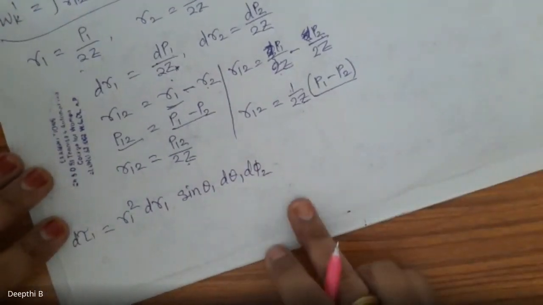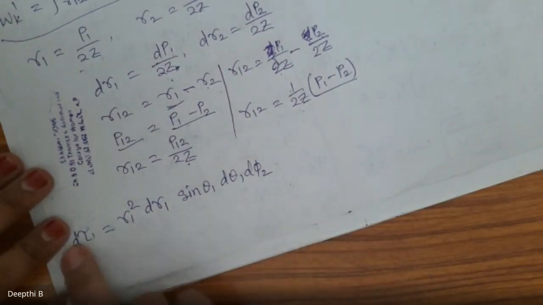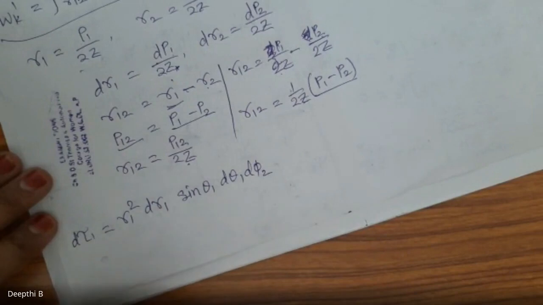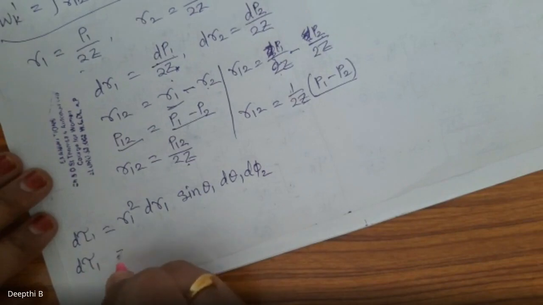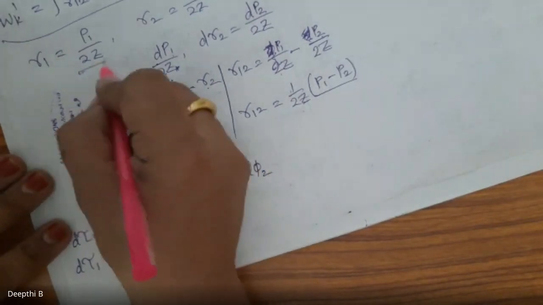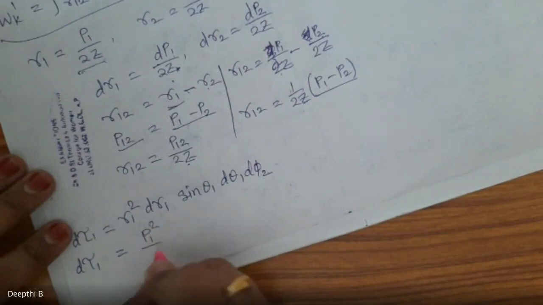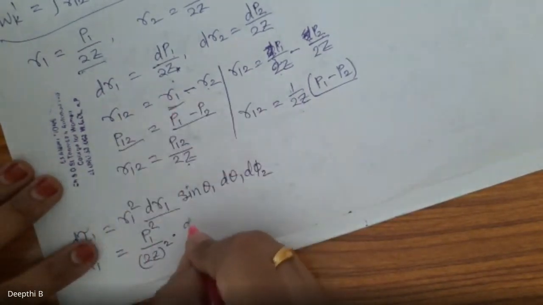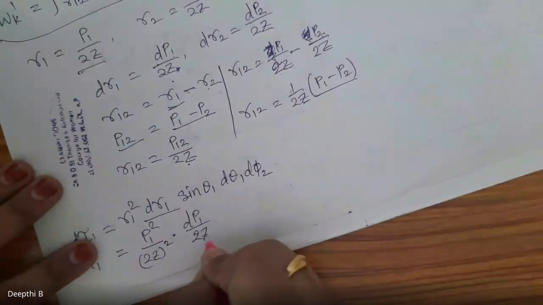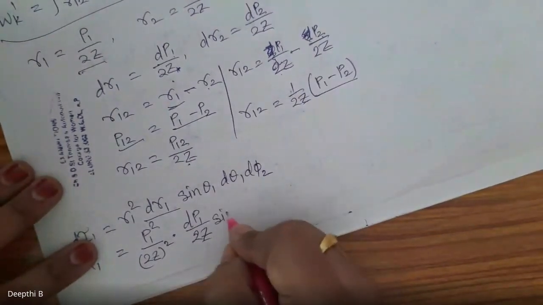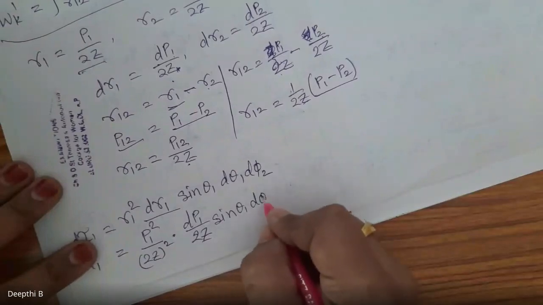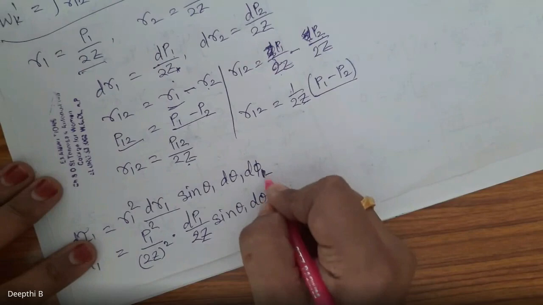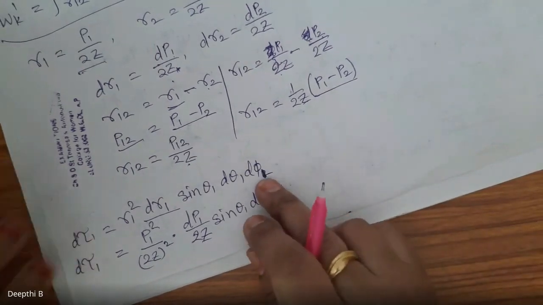For one electron, first we will calculate this, then the other electron afterwards. So dτ1 is equal to r1 square, where r1 is p1 by 2Z, so (p1 by 2Z) whole square, into dr1, which is dp1 by 2Z, into sin theta 1, d theta 1, d phi 1.